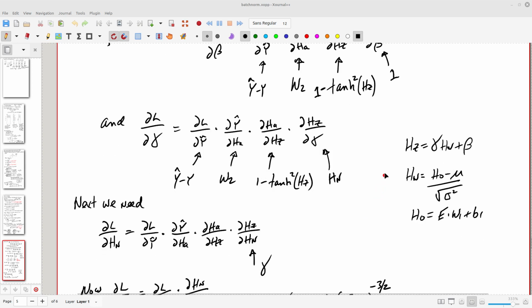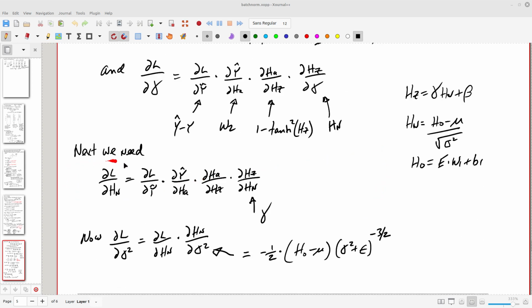But now we have to go further and find these other necessary derivatives. We need the loss with respect to the normalized layer, which is the loss with respect to the predicted values, the predicted values with respect to the activated values, the activated values with respect to the pre-activated values, and the pre-activated values with respect to the normalized layer, which here is just gamma.